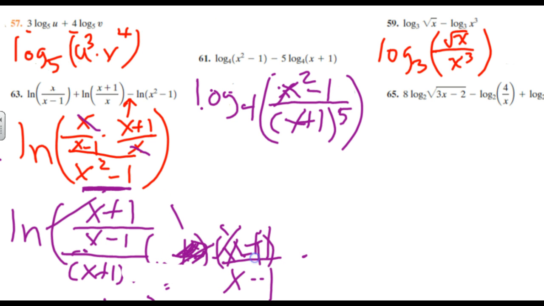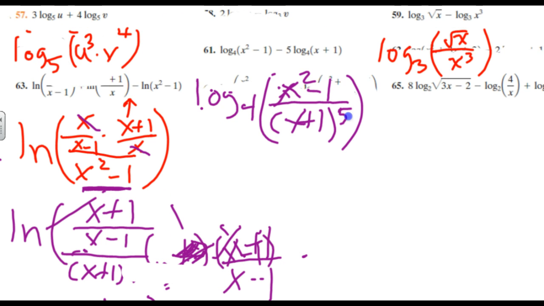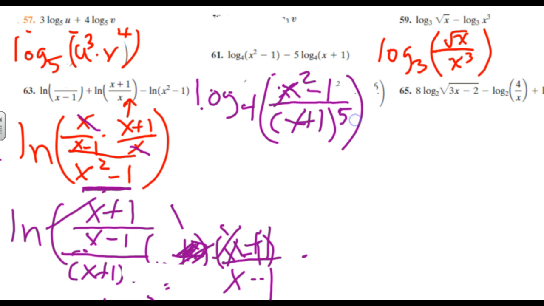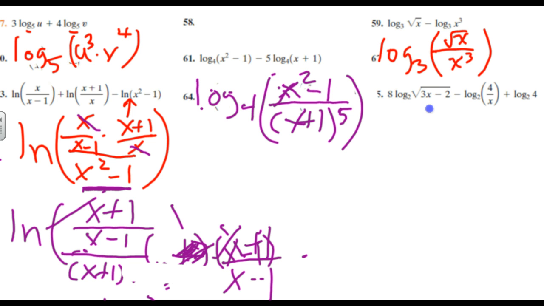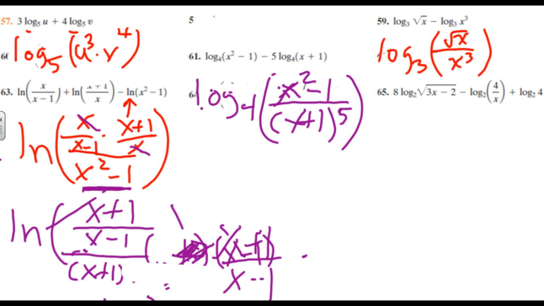Let's try this again. Okay, let's move this around a little bit. And take a look at number 65. Right, 65 says I've got log base 2, so I know when I condense, it'll be a single log of log base 2. There's a negative log here, so it's a subtraction.